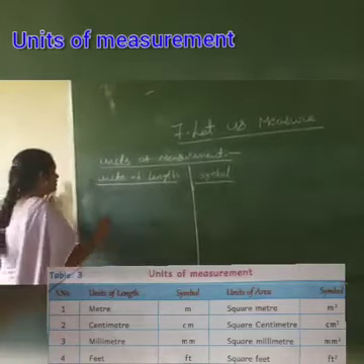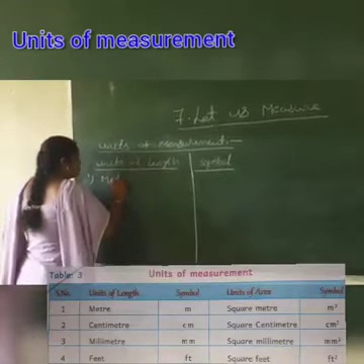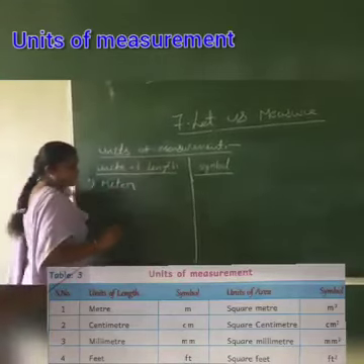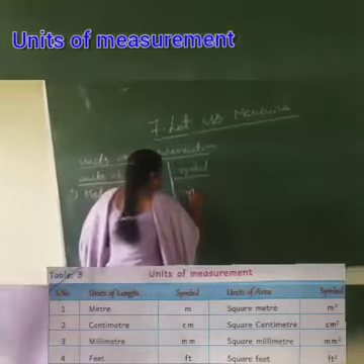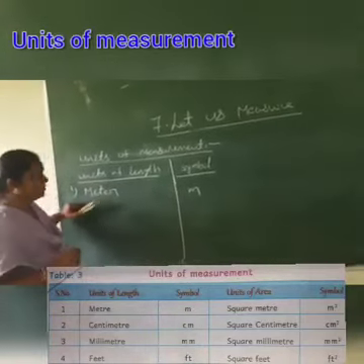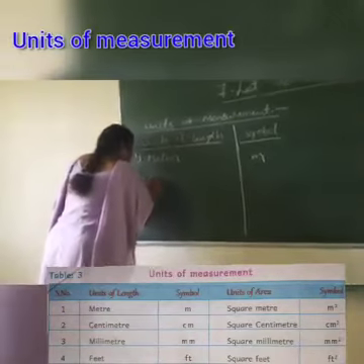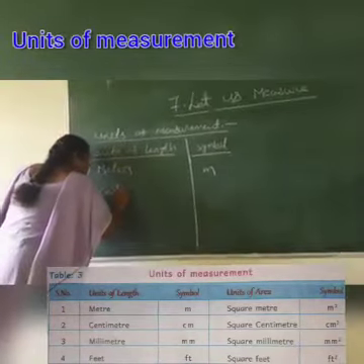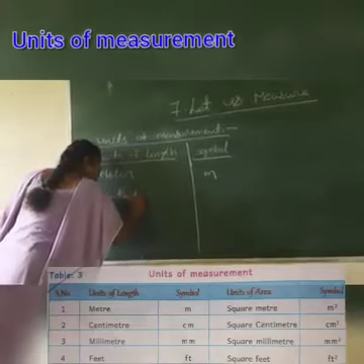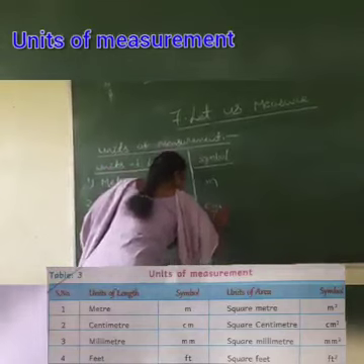The first one is meter. The symbol m indicates meter. The second one is centimeter, and the symbol is cm.